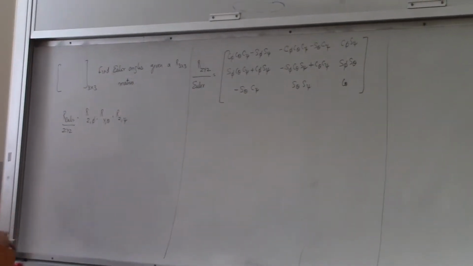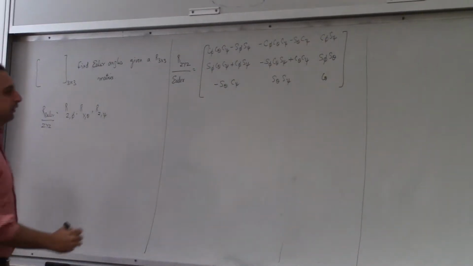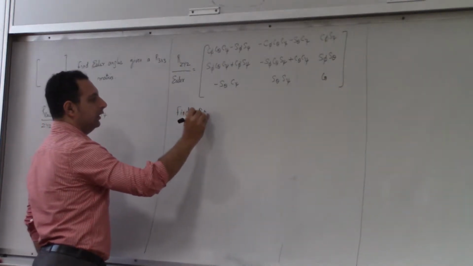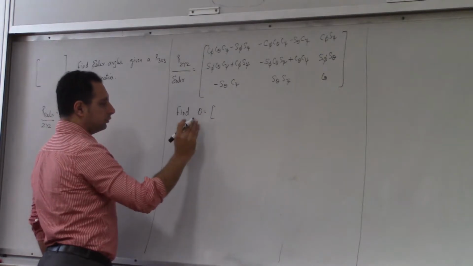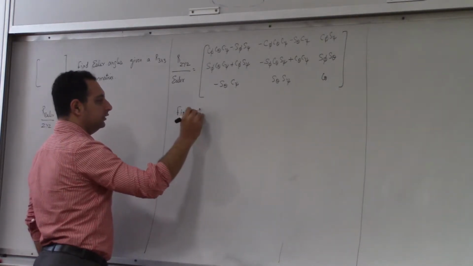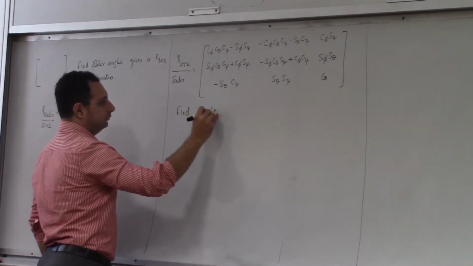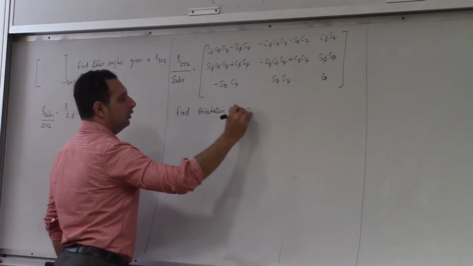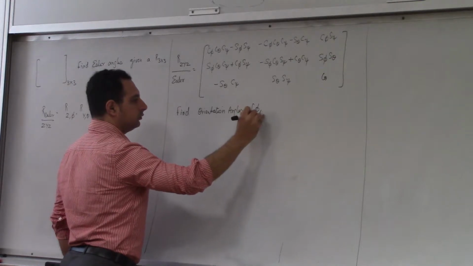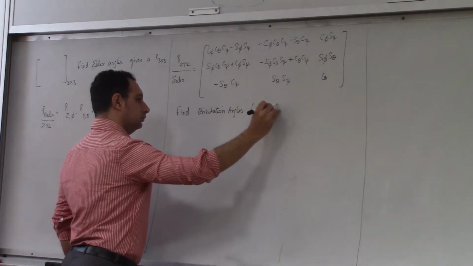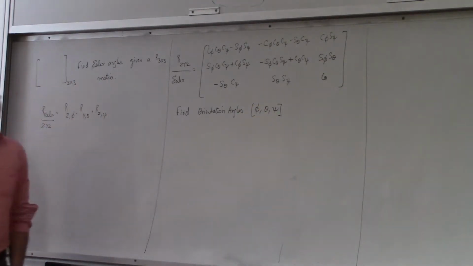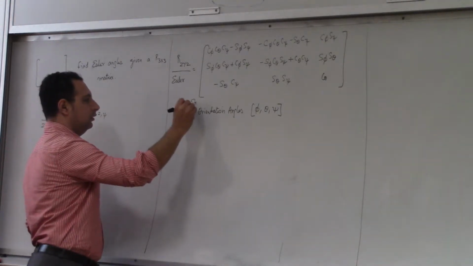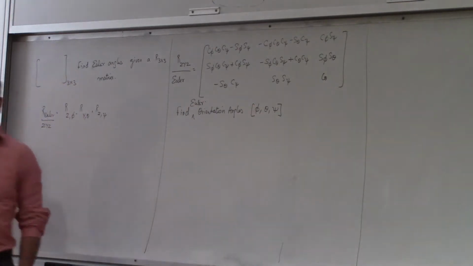So we need to find these angles. We need to find the orientation matrix, find orientation angles O. Let me write it as orientation, because they can also mean RPY.